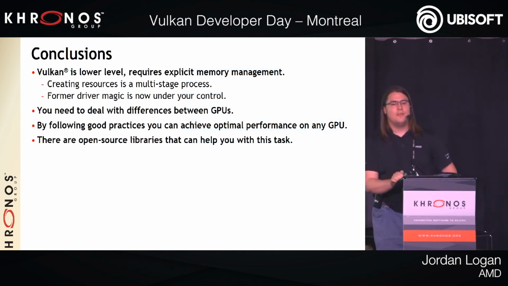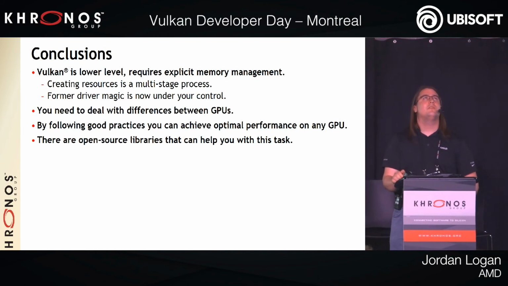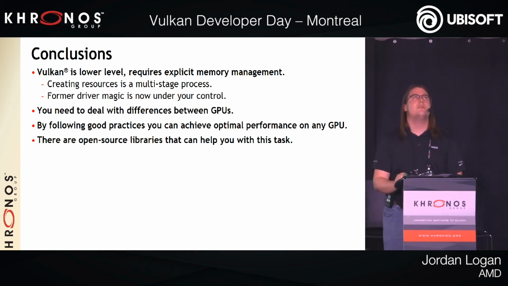Okay, so in conclusion, memory management has been moved from the driver up to you. So now you have to do all that black magic that the driver used to do with memory, and it's a multi-step process. Also, all GPUs differ quite drastically in the ways they handle memory, so you have to account for that in your engine instead of just allocating and hoping the API does the correct thing for you.